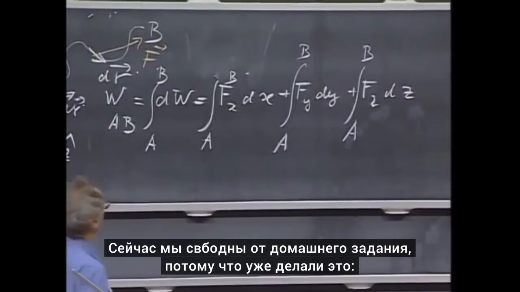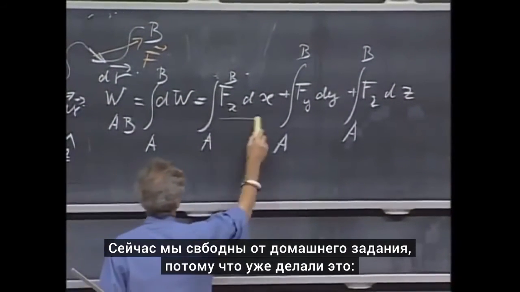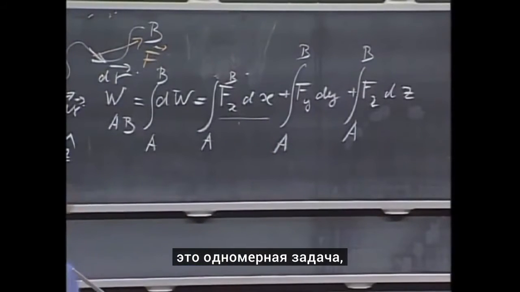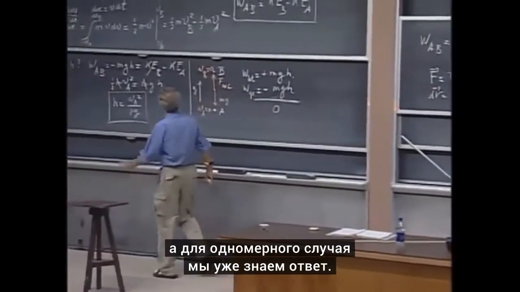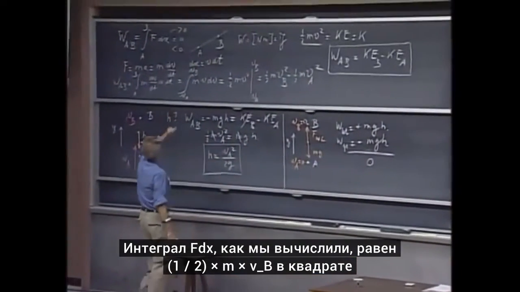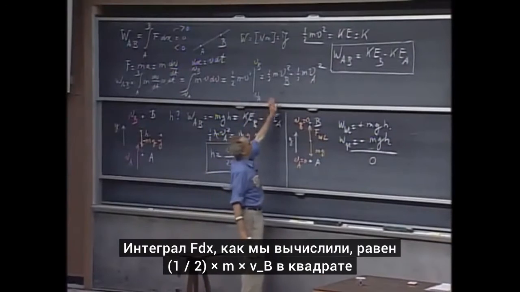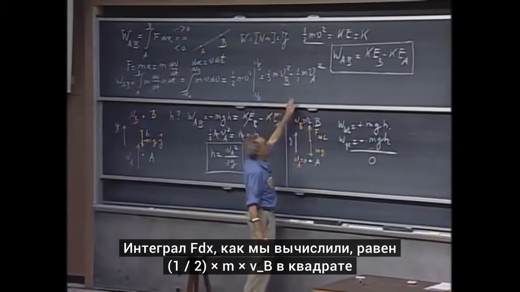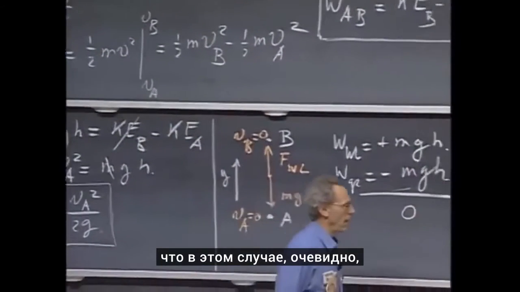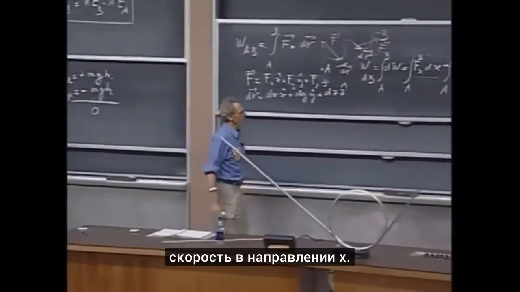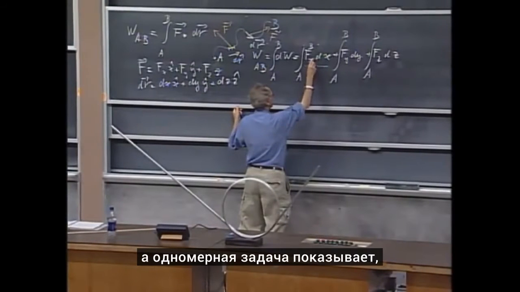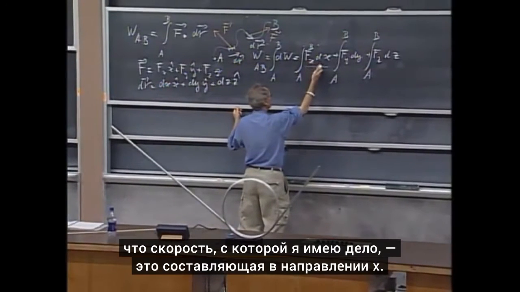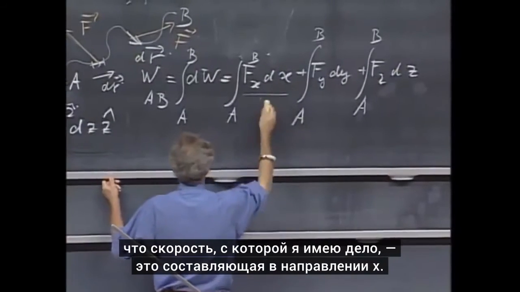Now we're home free because we already did this. This is a one-dimensional problem, and the one-dimensional problem we already know the outcome. The integral f dx, we found that is 1/2 m vb squared minus 1/2 m va squared, which in this case is obviously the velocity in the x direction, because the one-dimensional problem indicates that the velocity that I'm dealing with is the component in this direction.